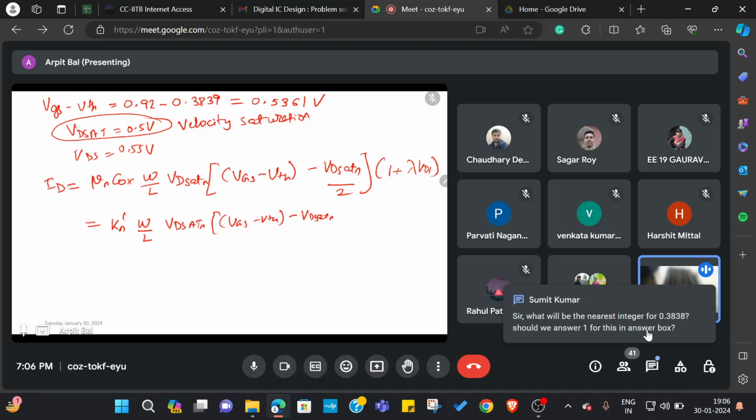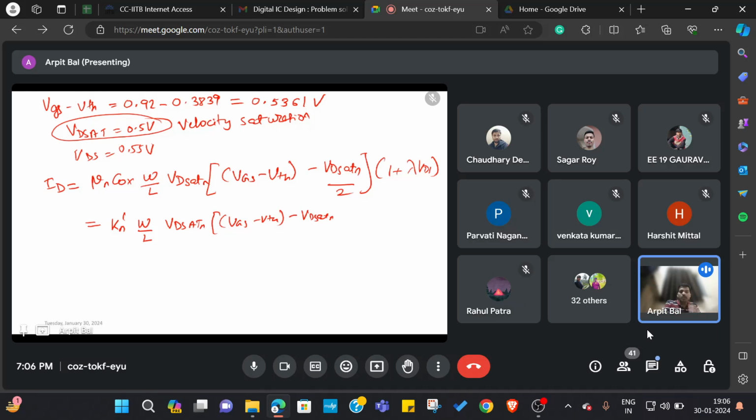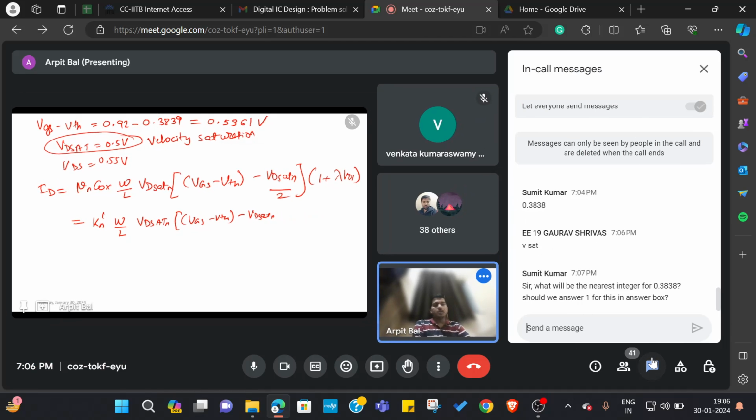What will be the nearest integer for 0.3838? Wait, what is this question? What should be the nearest integer for 0.3838? Which answer box?